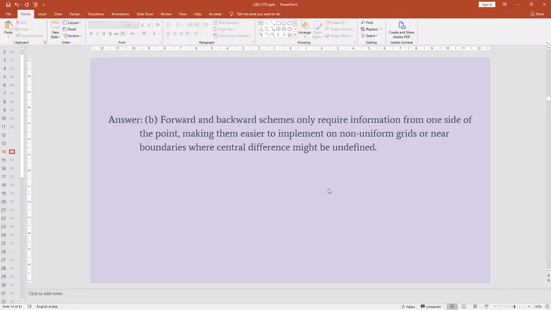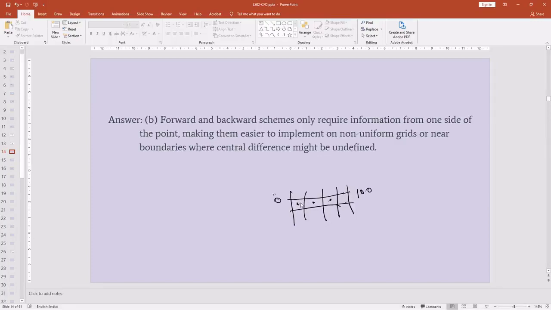When we are taking non-uniform grids, suppose it is a uniform grid like this one, and suppose these are the centroids. Take a heat transfer problem, where the boundary values are 100 degrees on one side and 0 degrees on the other side.